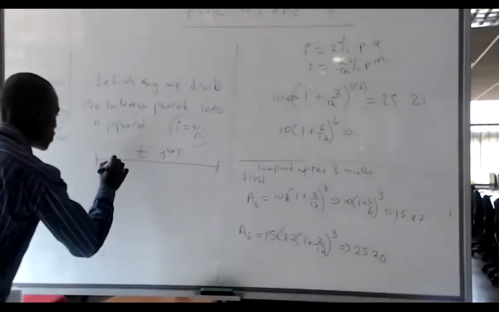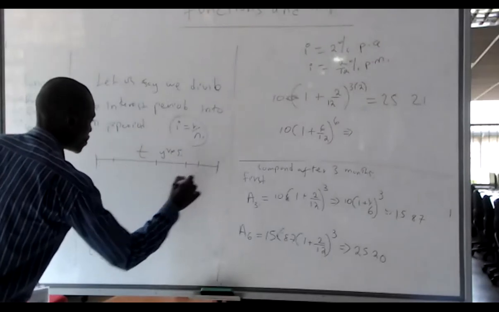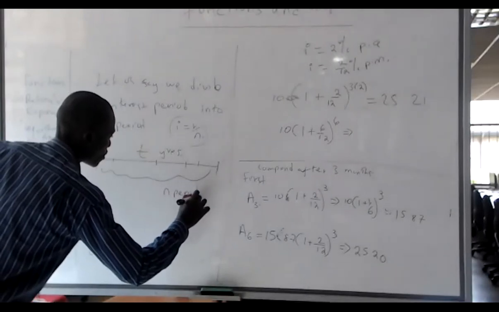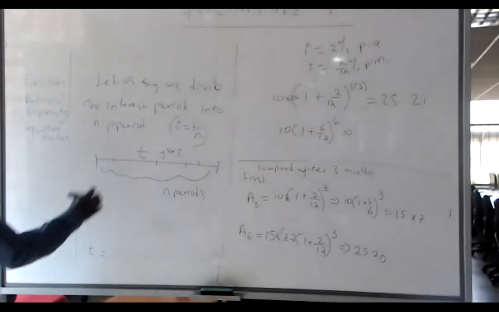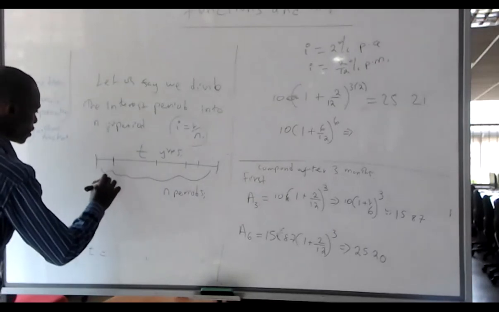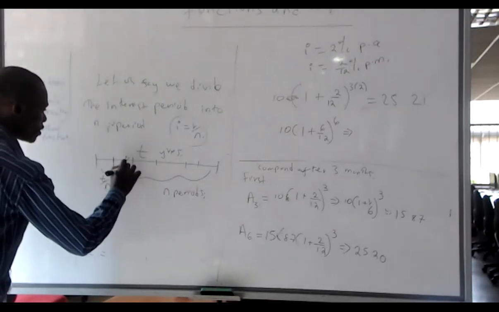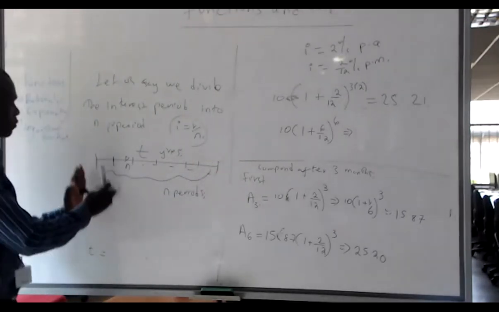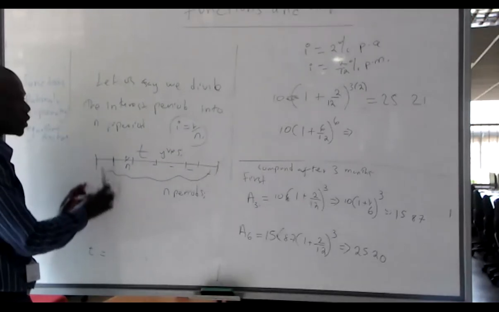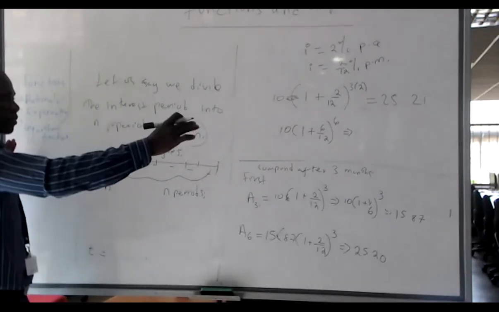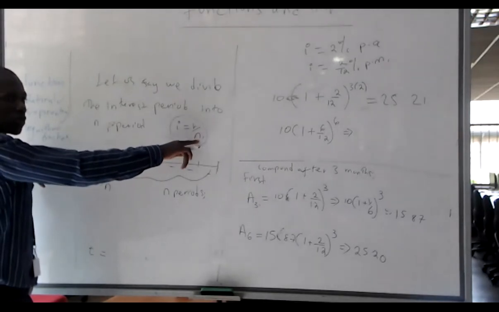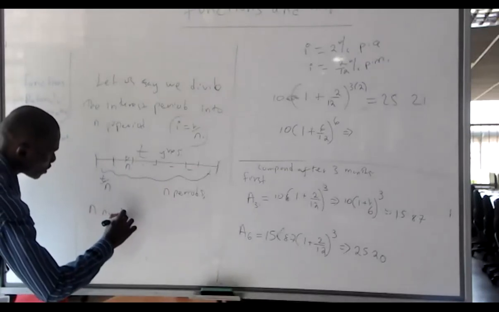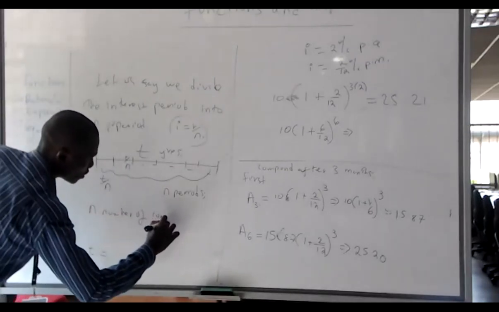You want the compounding to be done in N periods. So the first period here is T divided by N. There's another period here, T divided by N. N of them. Then the interest rate for every period will be the interest rate per annum divided by N, the number of periods. So this N is the number of periods, the number of compounding periods.